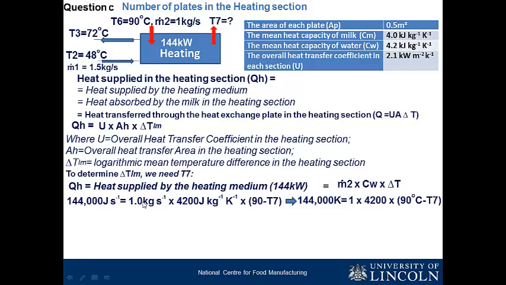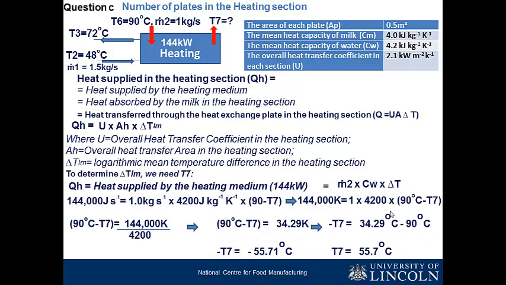The mean heat capacity of water is 4,200 joules, and the temperature difference will be 90, the inlet temperature, minus the outlet temperature, which is T7. By the time you put all those factors in, you find that our T7 equals 55.7 degrees Celsius. That's our T7.